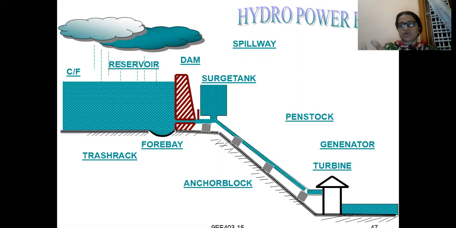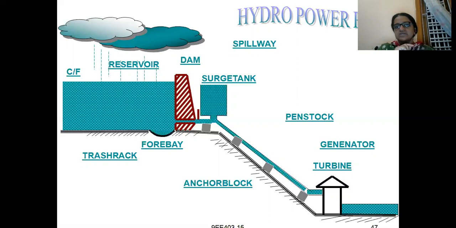But immediate intake of water into the dam, or outtake of water from the dam, is not that easy. For us, as we are seeing in the picture, both are side by side. We feel it might be easy for water to flow from reservoir to dam, or dam to reservoir, but practically it is not that easy. So they provide a forebay in between reservoir and dam.